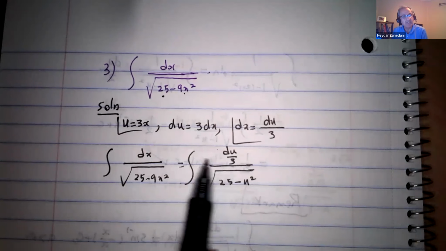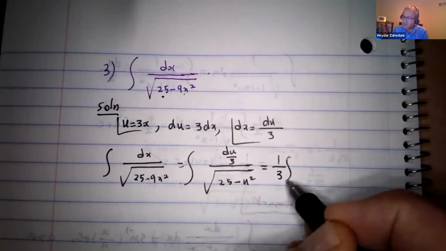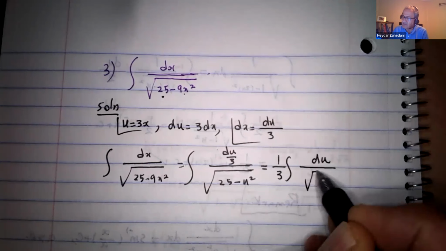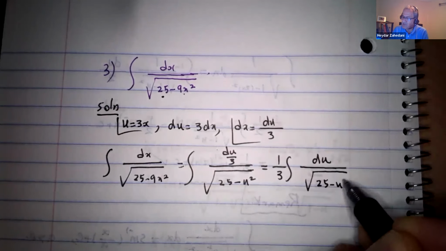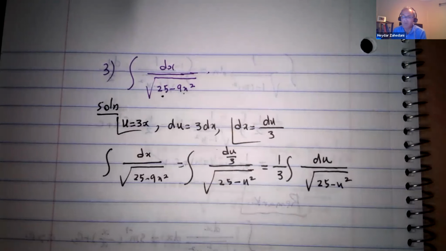A third is an extra number, you put it out. So that gives 1/3 integral of du over the square root of 25 minus u squared. See, your a squared now is 25 and you can continue. So we have to be careful. If it's going to be x squared, you can do it right away. No substitution is needed. If it's going to be anything else, you have to go with that substitution.